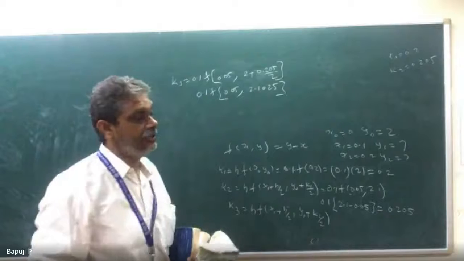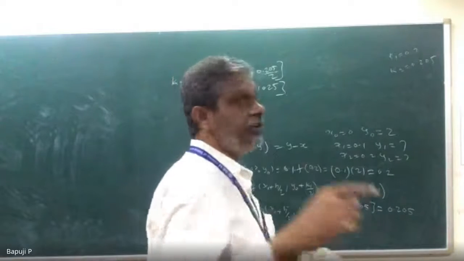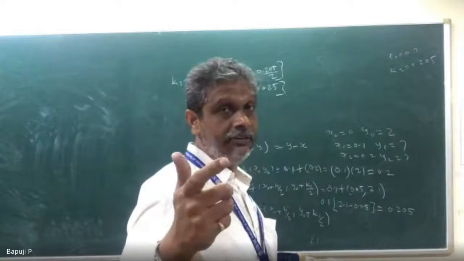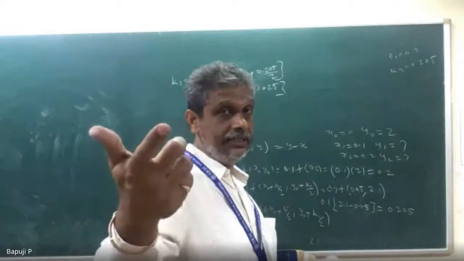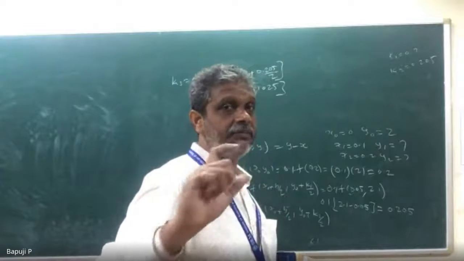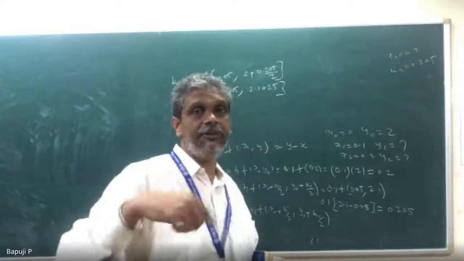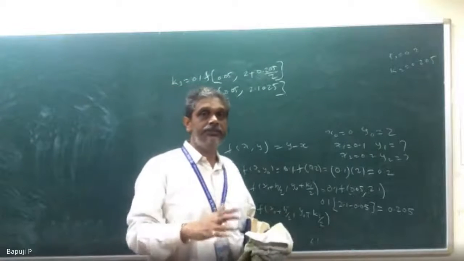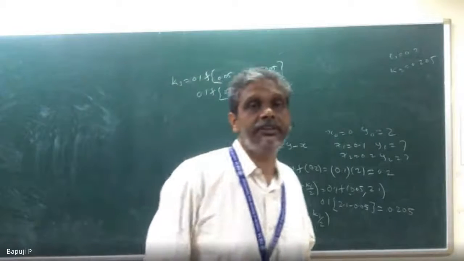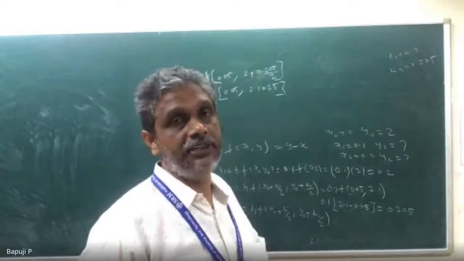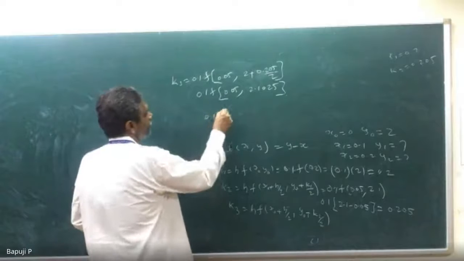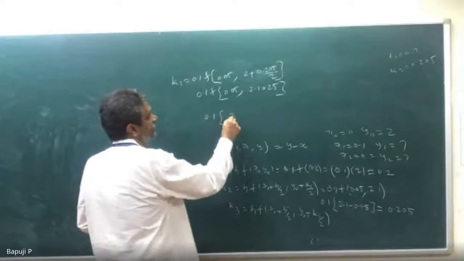Now K3 is what? 0.1 into function value at 0.05 comma 2.105. Don't get confused: the function value at a point and the function after substituting are different. F of x comma y is the function value at x comma y. F of 1 comma 2 means x is equal to 1, y is equal to 2. Now, who is my function actually? Y minus x is my function. There you can substitute what is x value, what is y value. So, y minus x.